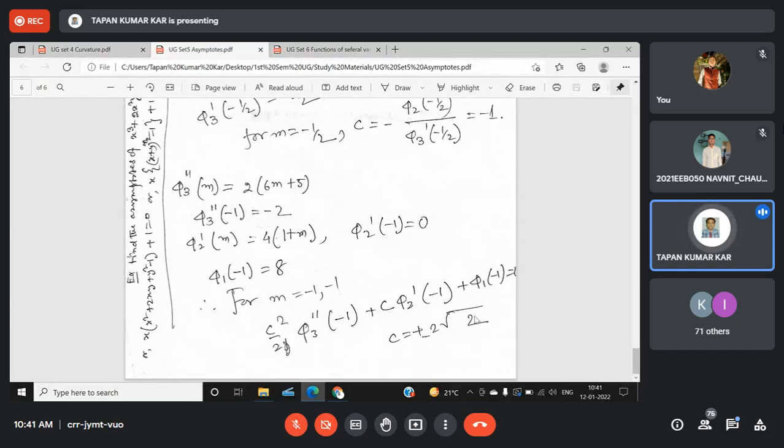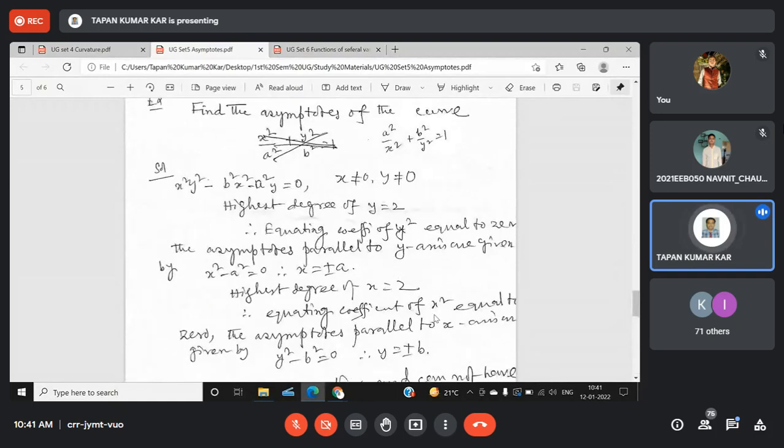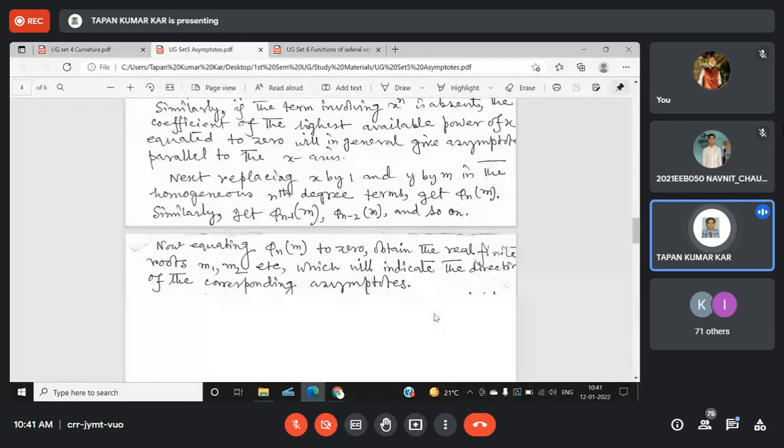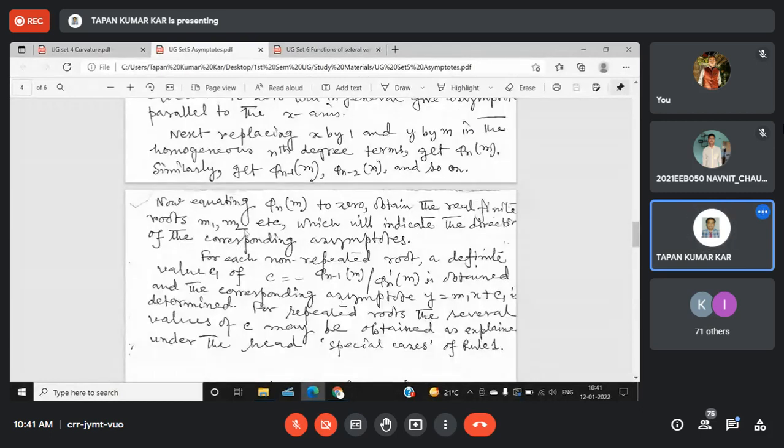And what is this formula? As a special case, as I told you, I am coming back to the formula. For each non-repeated root, a definite value of c, c equal to minus this, and the corresponding asymptote is this.